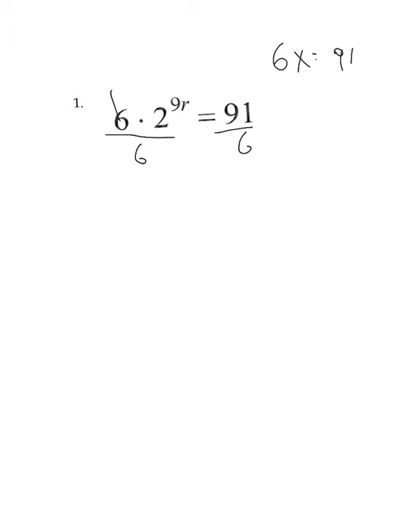If you do it, you will get 2 raised to the 9r power is equal to, if you use decimals, 15.17. Now you take log of both sides, that's your second step. Let me rewrite this.